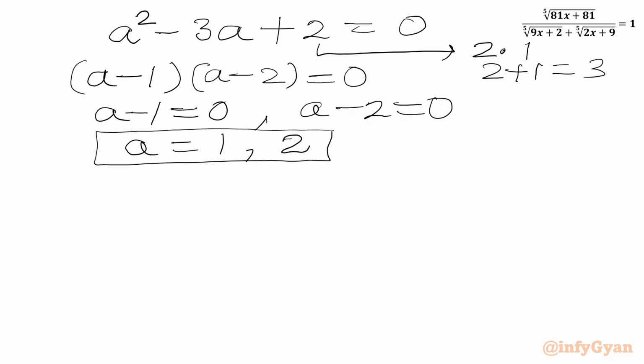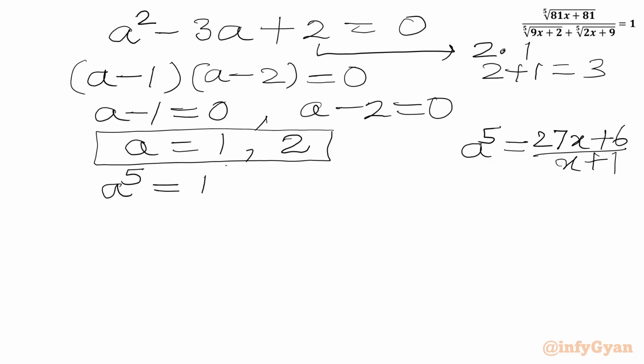Now, if you remember, our substitution was A power 5 equal to 27x plus 6 over x plus 1. So I need to calculate A power 5 from here. So I will write here 1 power 5, here we will be writing 2 power 5. So the values of A power 5 will be 1 and 32.